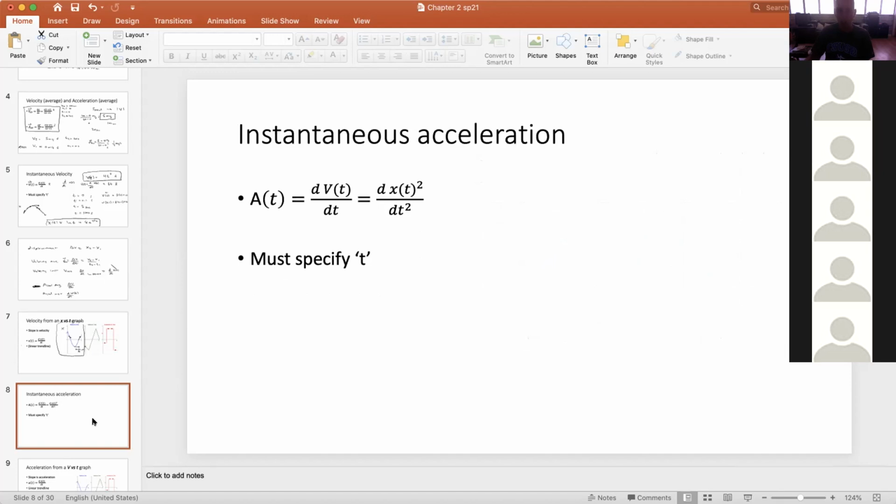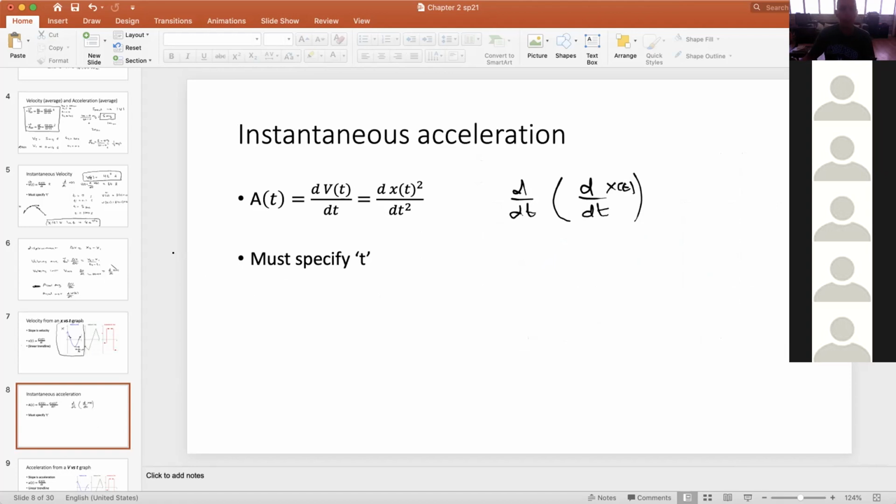Instantaneous acceleration is, as Lucas or Sammy or whoever it was said, it's the second derivative of the position, or it's the time derivative of the velocity, because it's d/dt of x of t. So it's the time derivative of the time derivative. That's why we get the d squared.